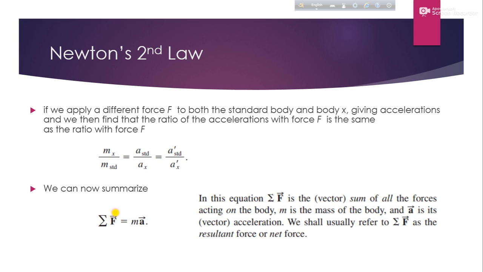Because the force may not only be in one direction x, but can also be in y and z, all the directions. And as acceleration is also a vector, we represent acceleration in vector form also. So sigma F equals m a in vector form. This is the vector equation, the summary of the discussion, and this is nothing but Newton's second law.